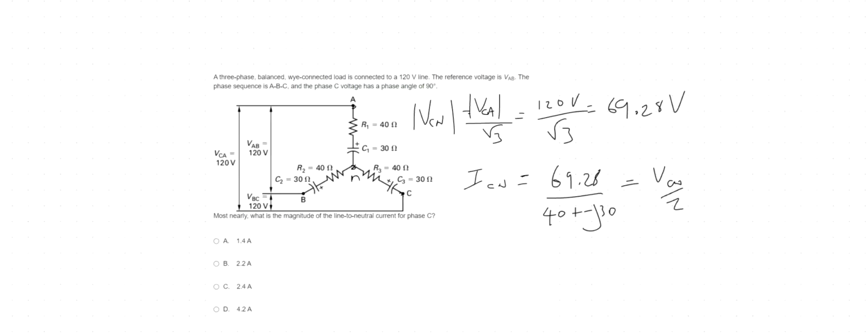So now, what's the easiest way to fix this? Use a calculator. Can you find that in the calculator? Your calculator is good to do this. See if the calculator can plug that in by itself and give us an answer in phasor form.